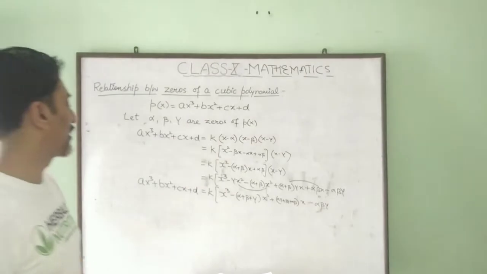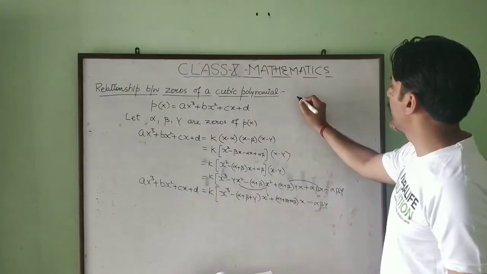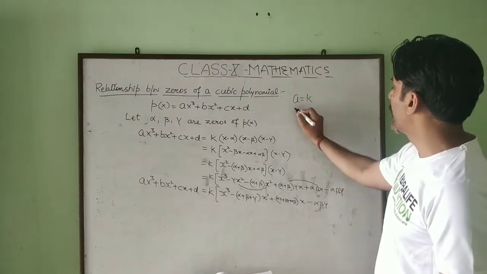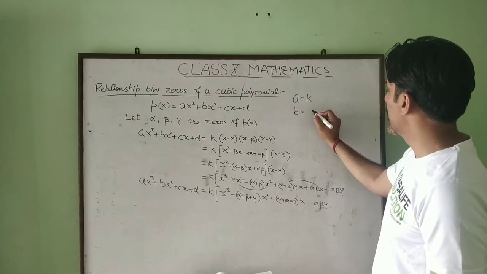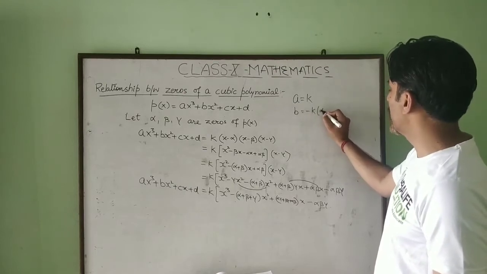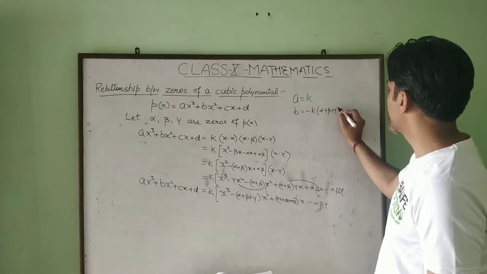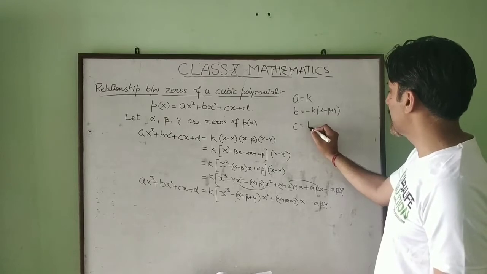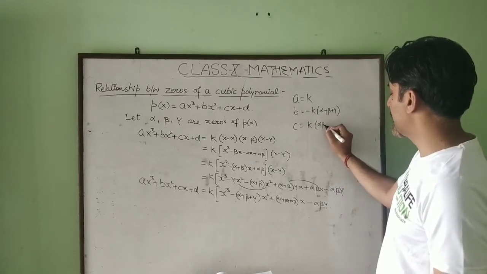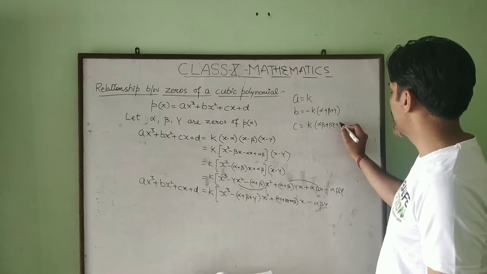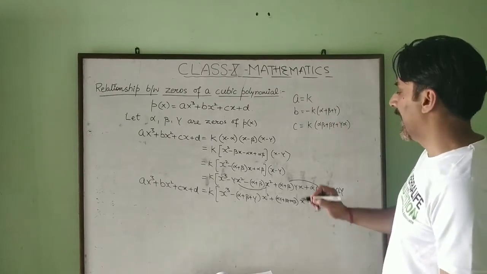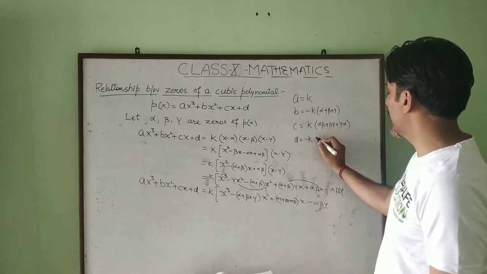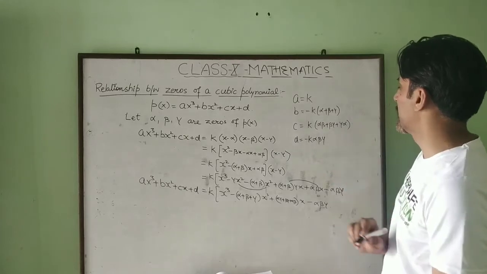Now if you compare the terms on LHS and RHS, then the value of a came out to be k, the value of b came out to be minus k into (alpha plus beta plus gamma), the value of c came out to be k times (alpha beta plus beta gamma plus gamma alpha), and the value of d came out to be minus k alpha beta gamma.